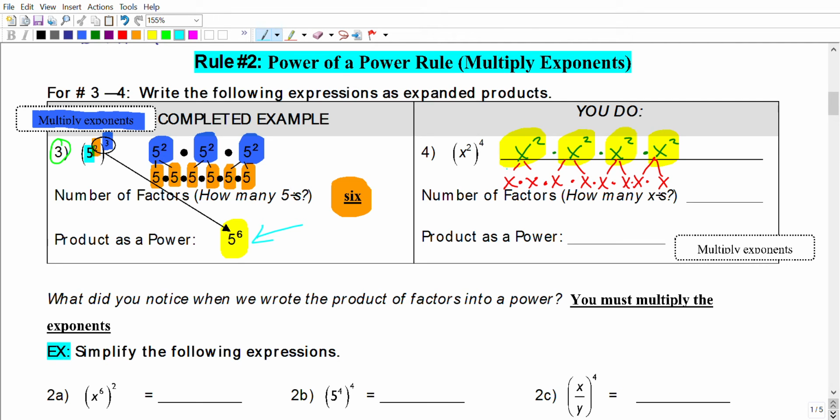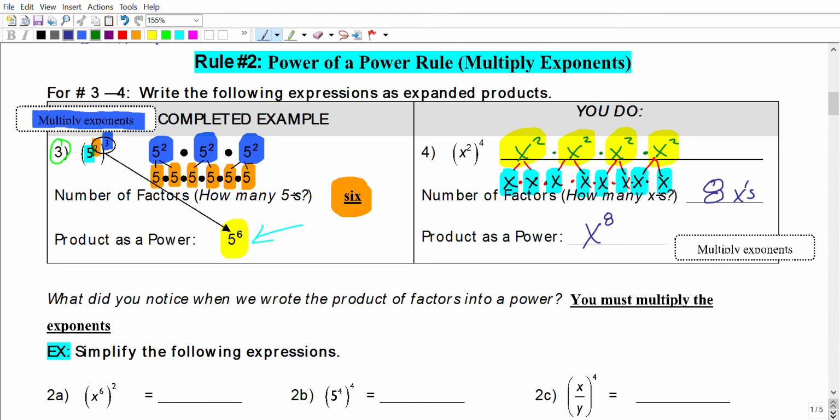So we have 1, 2, 3, 4, 5, 6, 7, 8. So it's asking how many factors of x do I have here? Well, I have 8 x's. So if I want to write this product as a power, I would write x to the 8.